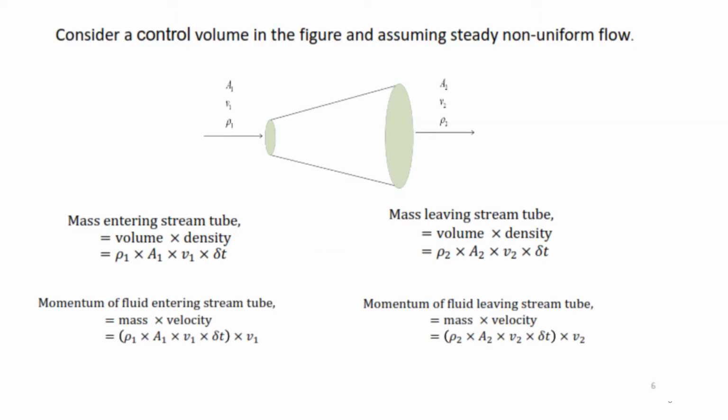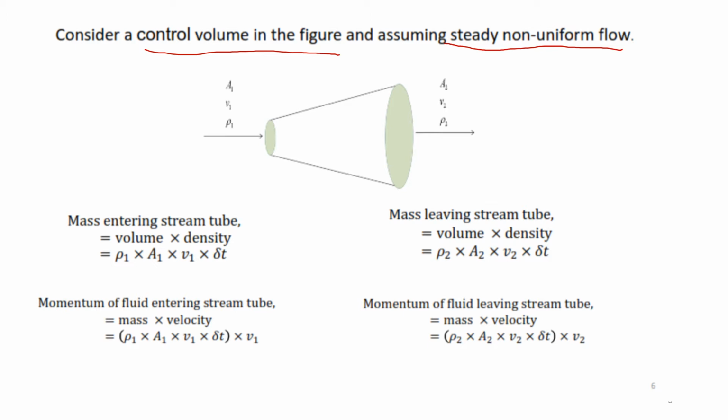Okay, let's see the momentum equation. So we consider a control volume in the figure. So we have a pipe that has different areas, an enlargement pipe from small pipe to bigger pipe, and we are assuming the fluid flow is a steady non-uniform flow.